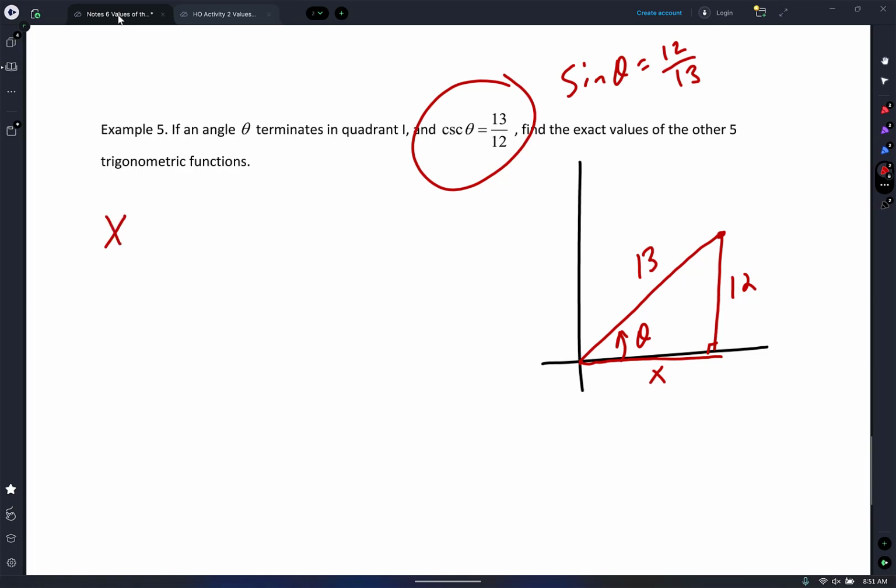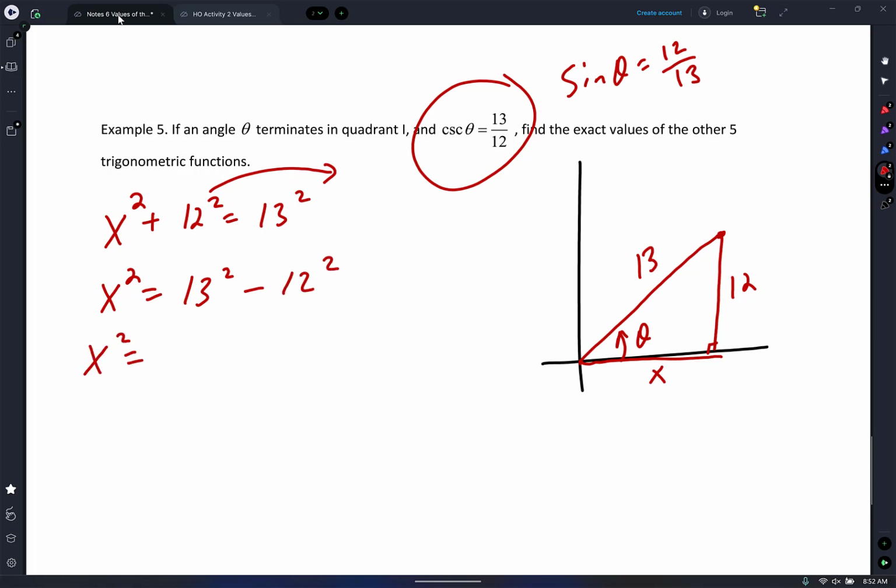And I'm going to go x squared plus 12 squared equals 13 squared. So I'm going to move the 12 squared to the other side. X squared equals 13 squared minus 12 squared. I want to say 13 squared is 169. And I want to say 12 squared is 144. My memory sometimes is bad, but I want to say those are accurate. 144 is accurate.